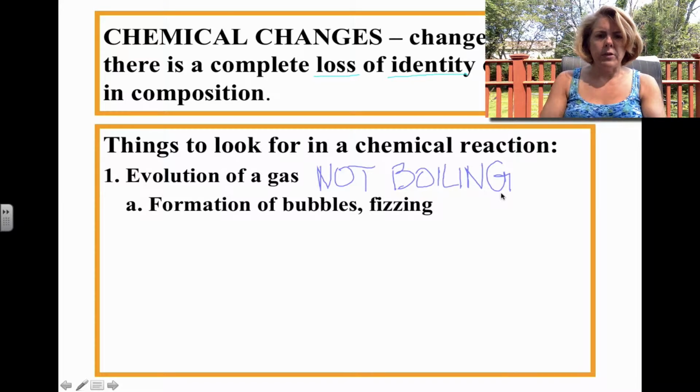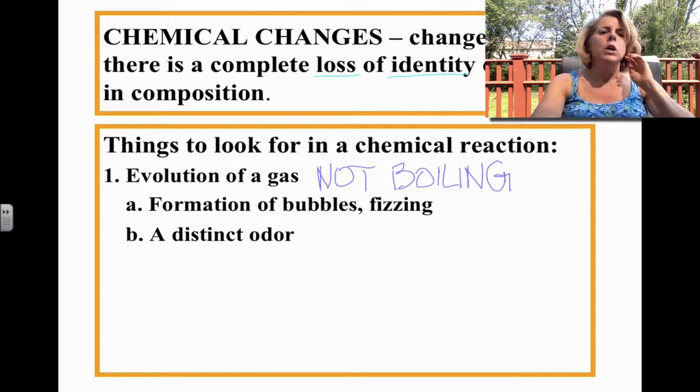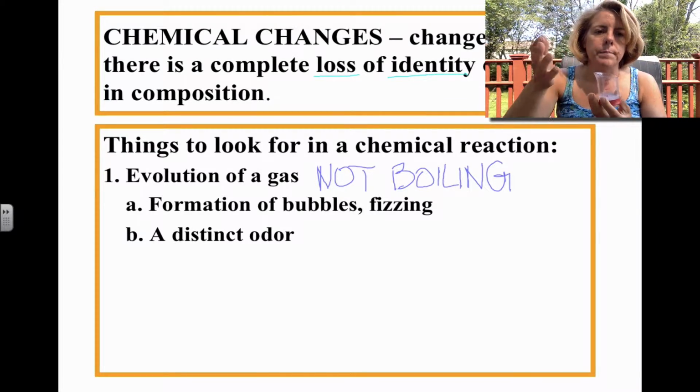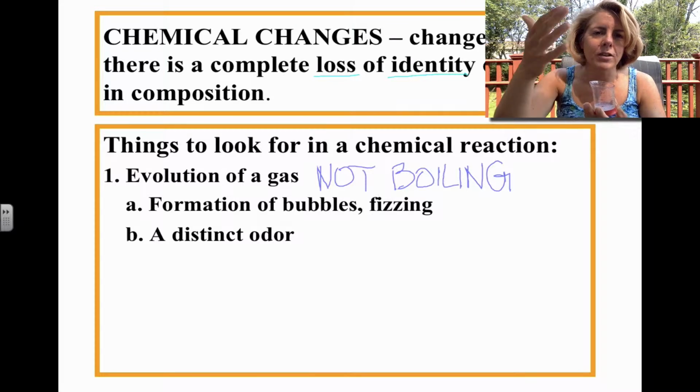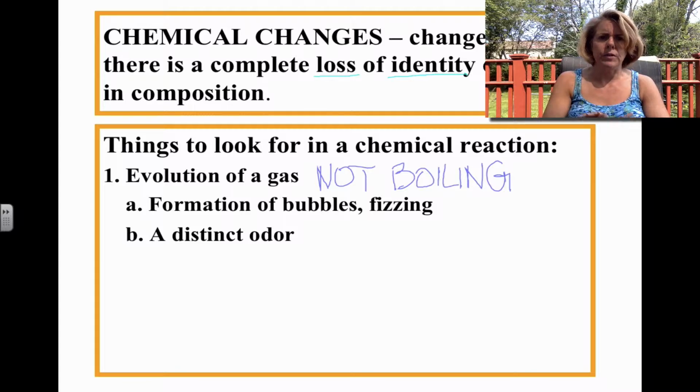So you'll see formation of bubbles, you'll see fizzing. You could see a distinct odor. Remember, when you're looking at odor, you want to waft. So you want to bring the air towards your nose. You don't want to stick it directly under your nostrils.